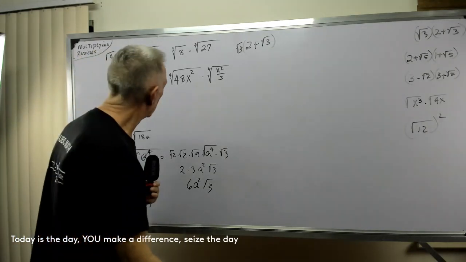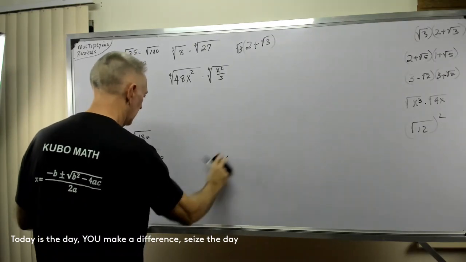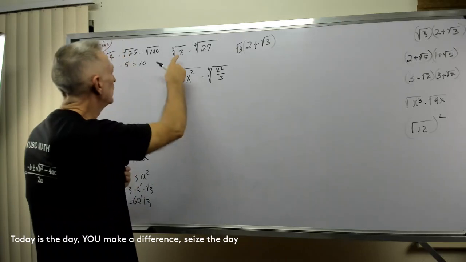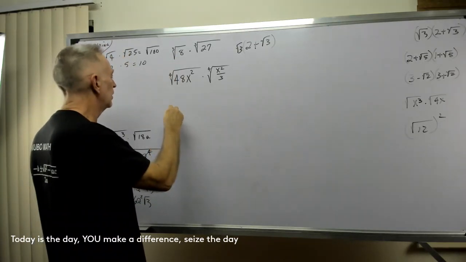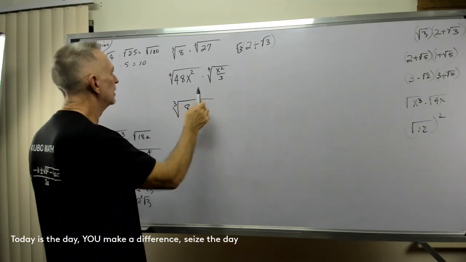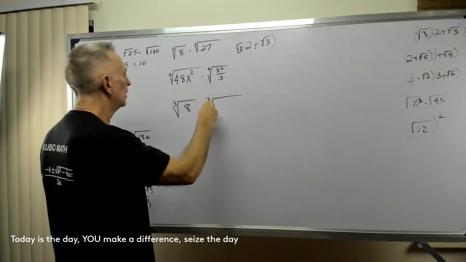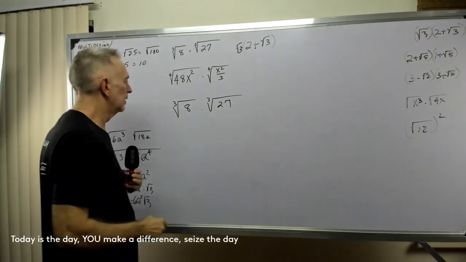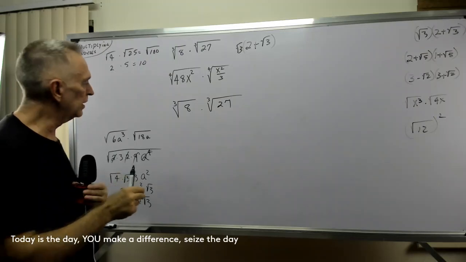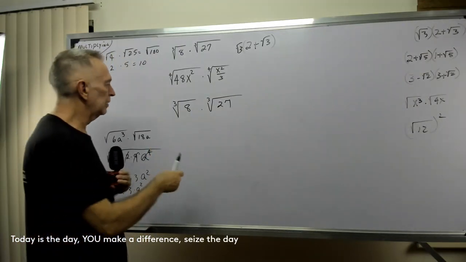Okay. All right. What about this one up top here? We have the cube root of 8 times the cube root of 27. Well, what number times itself 3 times would give me 8? 2 times 2 times 2.